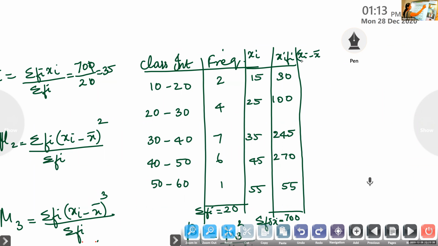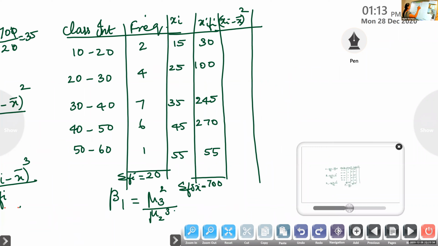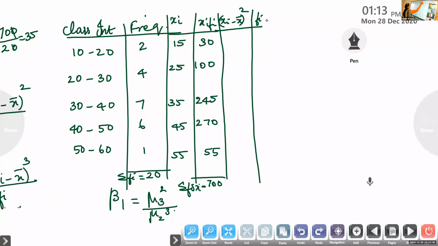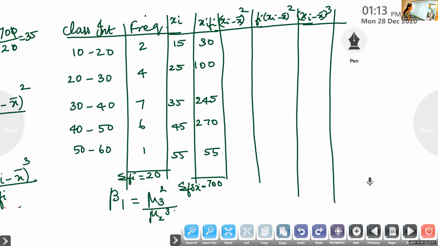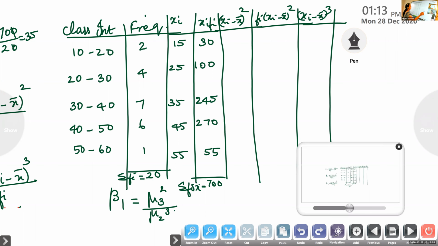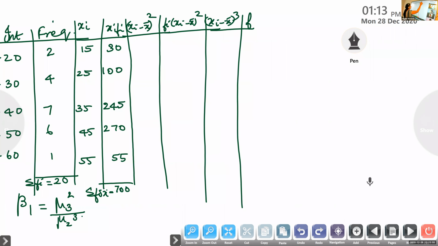Then fi into xi minus x bar, the whole square. Then xi minus x bar, the whole cube. Then fi into xi minus x bar, the whole cube.